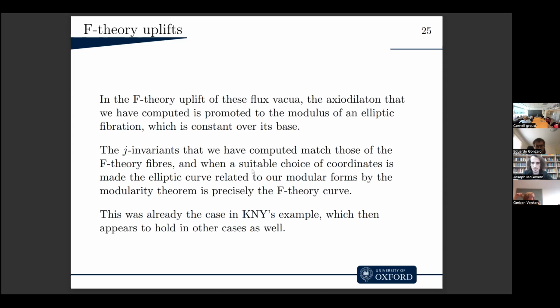And if you make a suitable choice of coordinates and you look somewhere in your table of elliptic curves or modular forms, and you make one fix to fix the coordinates, then you'll find that across the whole length of the table, the elliptic curves that you find are exactly the one that appears in the F-theory uplift. And that was already the case in the old example, and it continues to be the case in our examples.